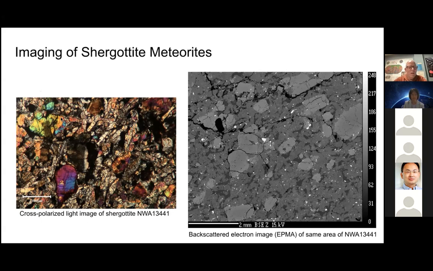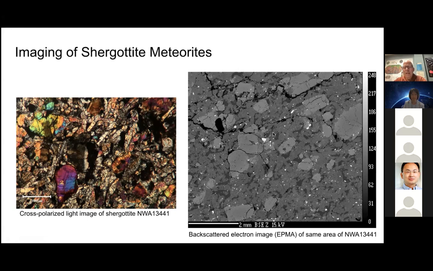What we can see is the colors of different minerals, which in this case, these brightly colored grains are the mineral olivine. And then we can see these gray grains that are the mineral pigeonite, a type of pyroxene. These are silicates that commonly make up different types of basalts. And we can also see the arrangement of the minerals within the sample, but we can't understand anything about the chemical composition at this point.